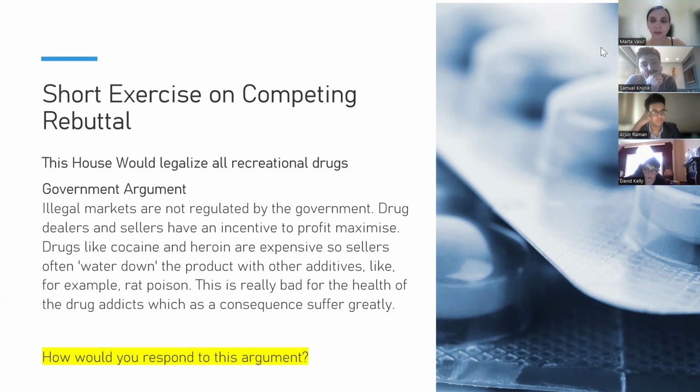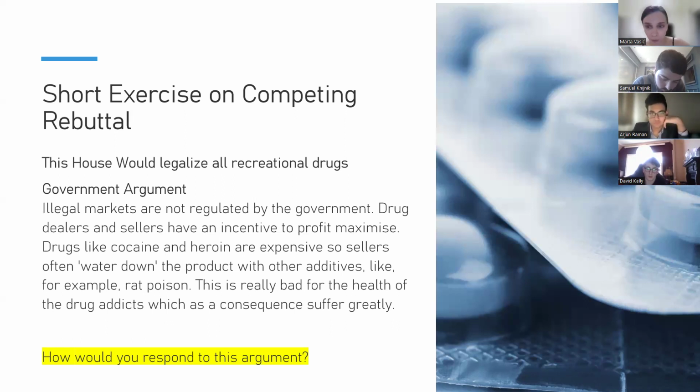Okay, sure. I think this was lovely because we had examples of true rebuttal, but also some competing rebuttal. Firstly, what I think is probably not the correct way to rebut this, but probably the most efficient way, is to directly attack the premise. As a lot of you have identified, the premise of this is that drug dealers have an incentive to water down the product in a way which is harmful to the end consumer.